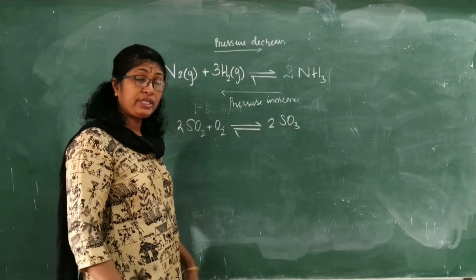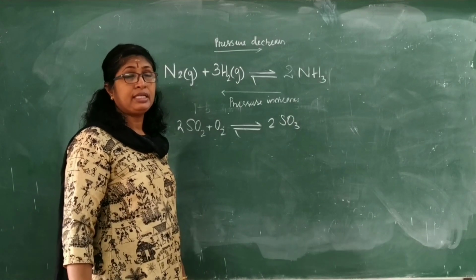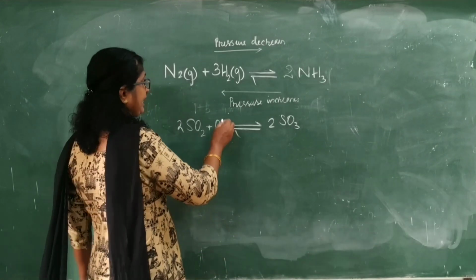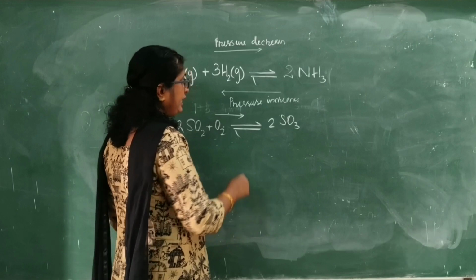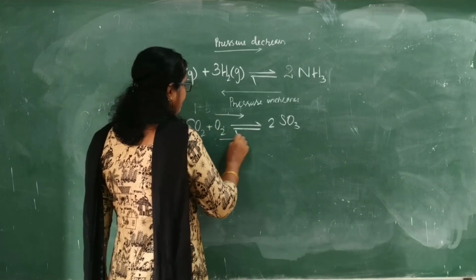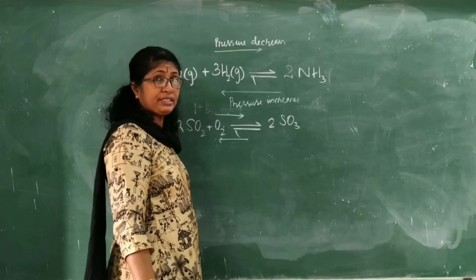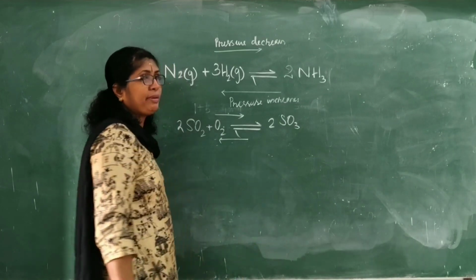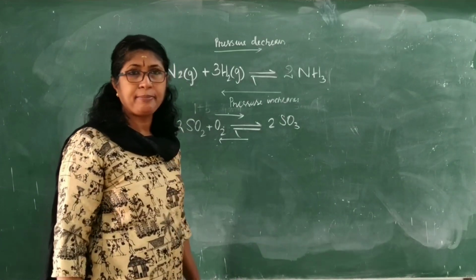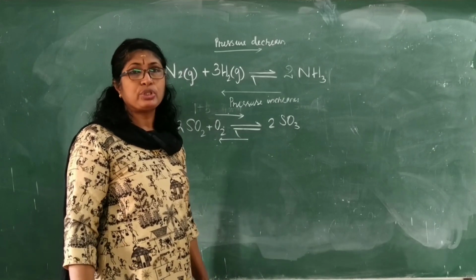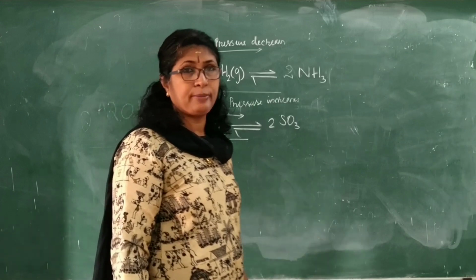That means the quantity of gas is decreasing, so the pressure is decreasing in the forward reaction. Then in the backward reaction it is increasing. So if you apply a high pressure, the forward reaction will be favored, and if you apply a low pressure, the backward reaction will be favored. So this is the effect of pressure on equilibrium.